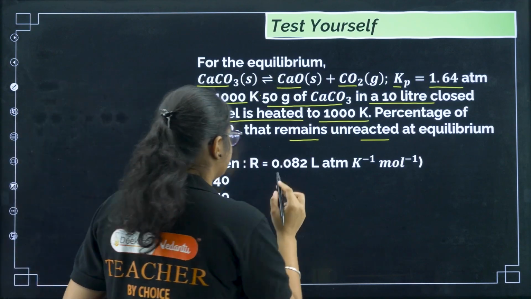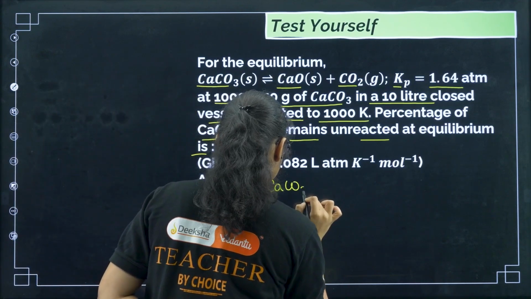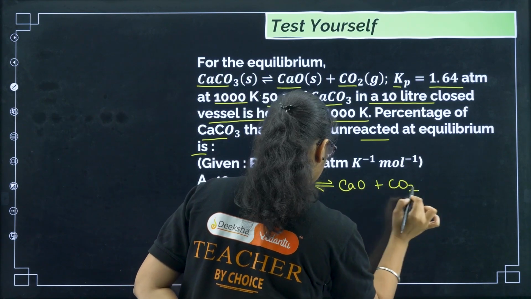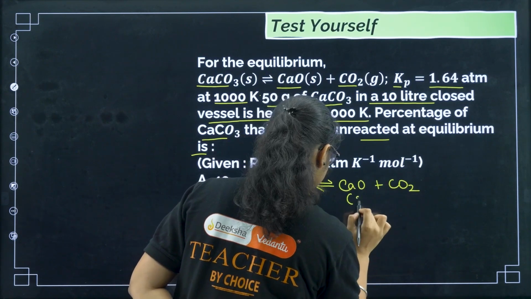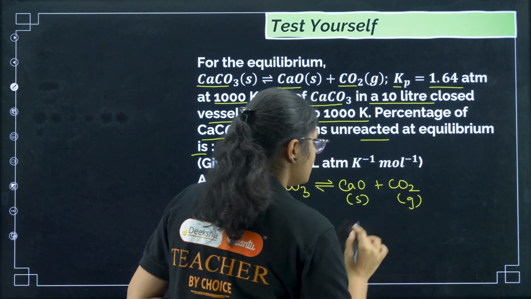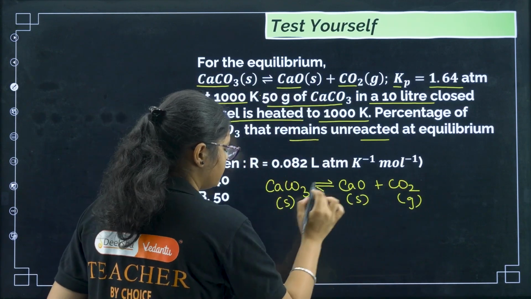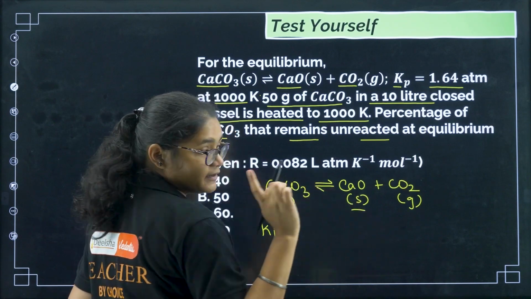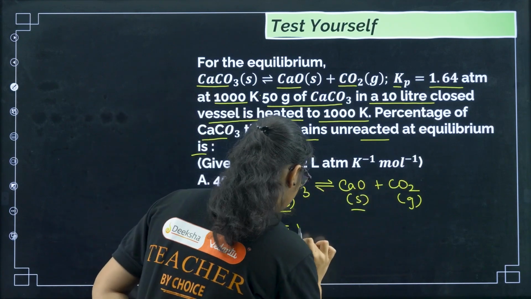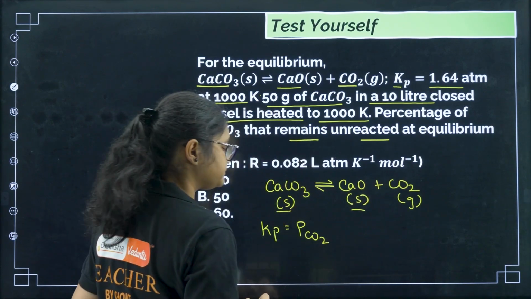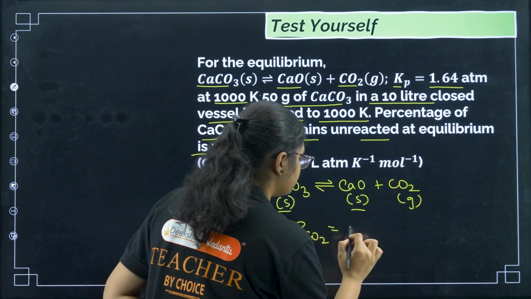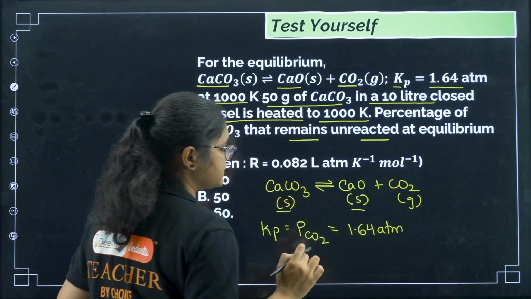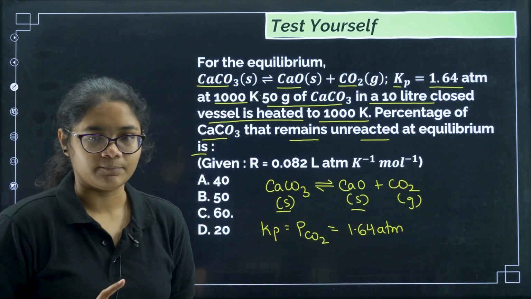So if I have this reaction, that is CaCO3 giving CaO plus CO2, right? This is solid, and this is gas. Now if I want to write the value, if you remember, Kp will be equal to, when it is a pure solid we do not consider that, so Kp will be equal to pressure of CO2, and Kp value was given to me as 1.64 atm, right? So pressure of CO2 is 1.64 atm.